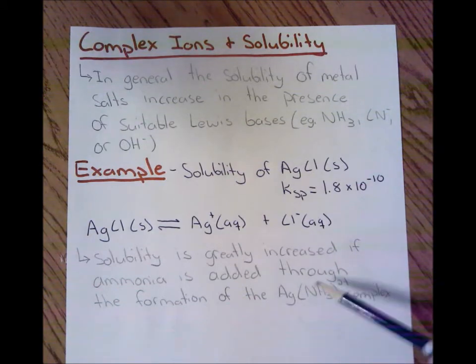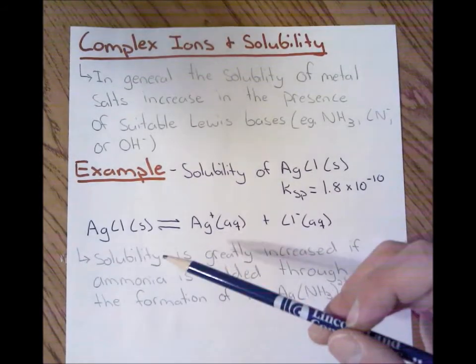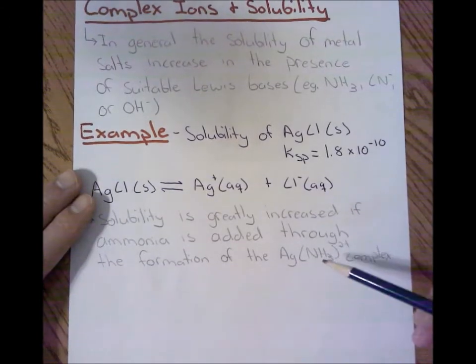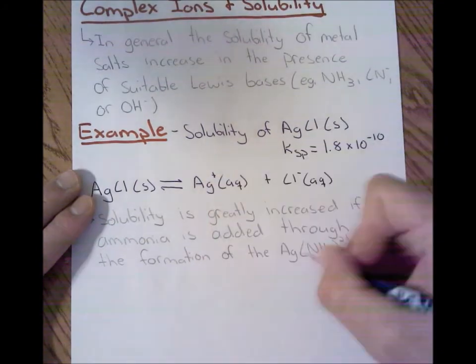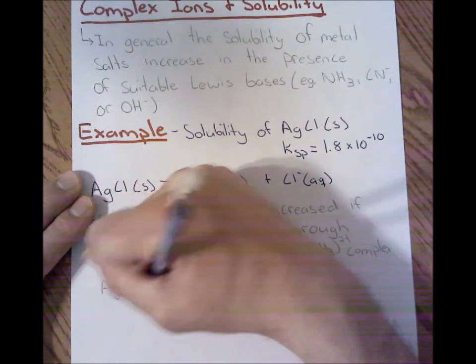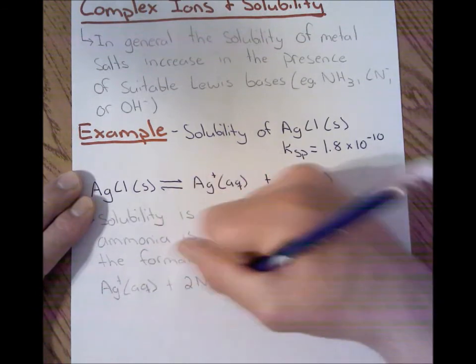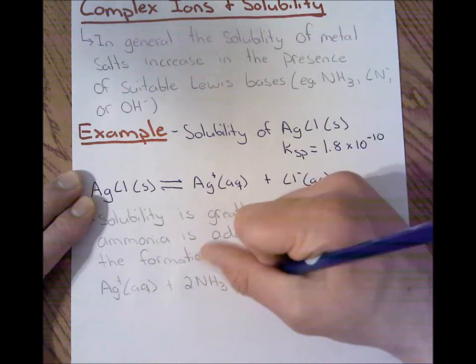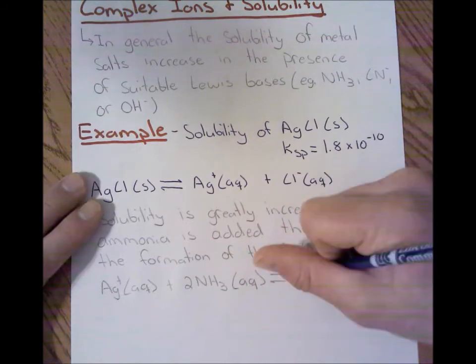So what we need to look at is, well, how exactly do we get this silver ammonia complex? And so what happens here is that we have Ag+ ions react with ammonia, and it comes to this equilibria, and it forms our complex that we need to add ammonia and greatly increase this particular solubility of silver chloride.